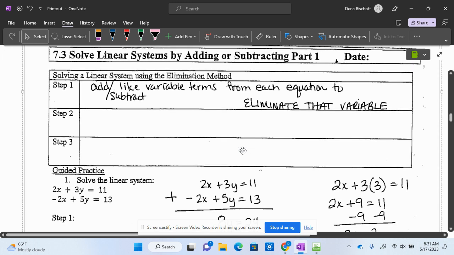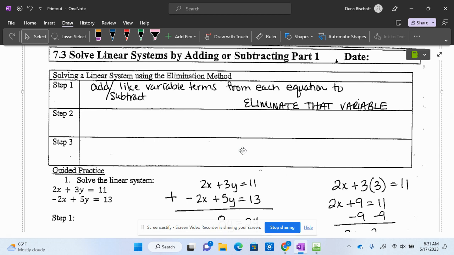So this is basically how elimination works. You look at the two equations and you find the two variables that are the same, two x's or two y's, that have the same coefficient. Just one's positive and one's negative, right? And you add those together to cancel it out. You eliminate that variable. And then you solve as normal.